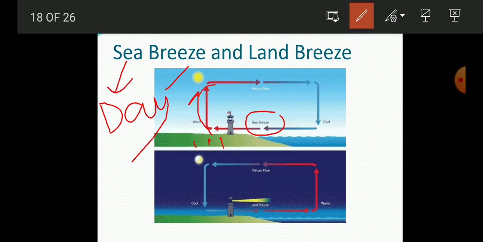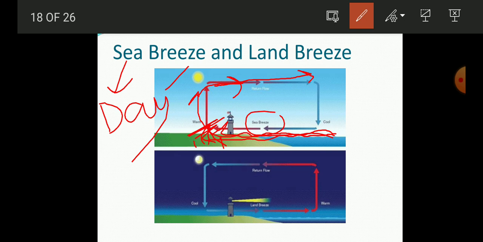The upward motion takes place here, and this goes toward the sea. When the air from there is moving upward, there is no air left. So the air on the sea takes the place of the air which is going out. This air from the sea moves toward the land, and this movement from the sea toward the land is known as the sea breeze.